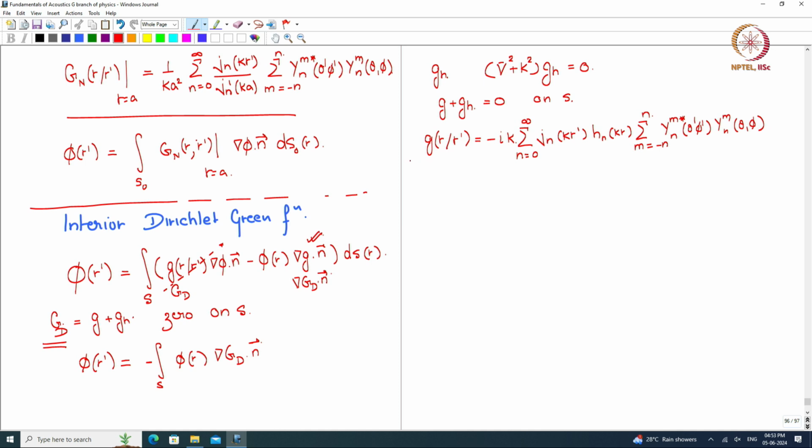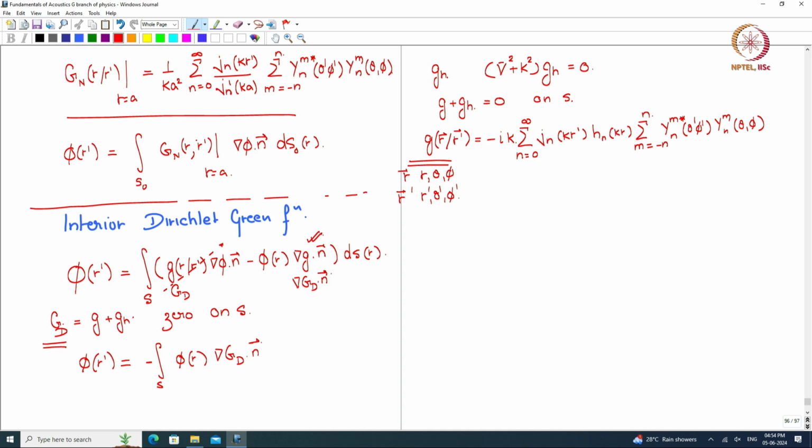Because the Green function is between 2 points r and r dash, r refers to r comma theta comma phi, and r dash refers to r dash comma theta dash comma phi dash.